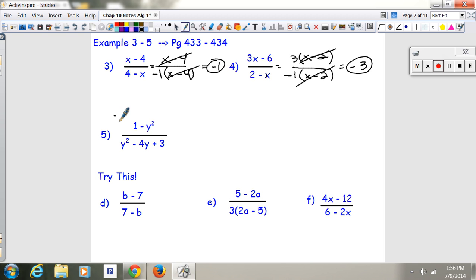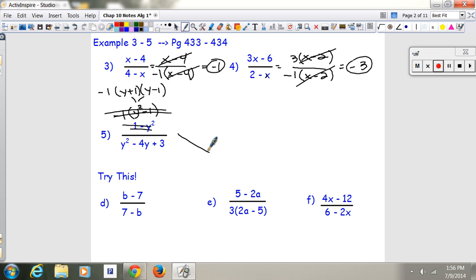So let's take out a negative 1 and be left with y squared minus 1. Now I can factor this into y plus 1, y minus 1, and you still need your negative 1 out front. So this is factored.